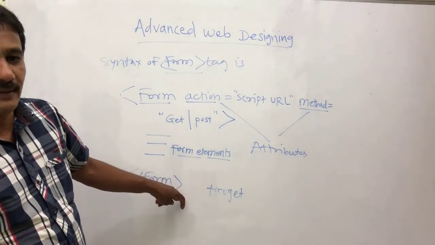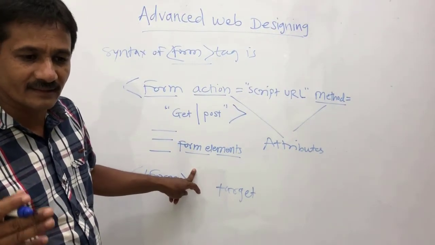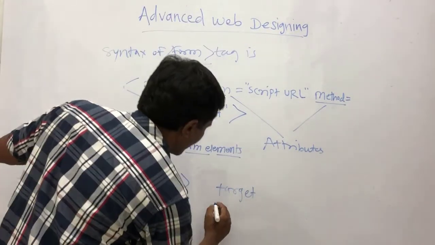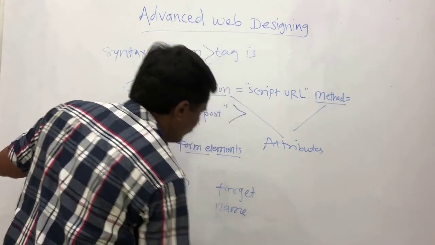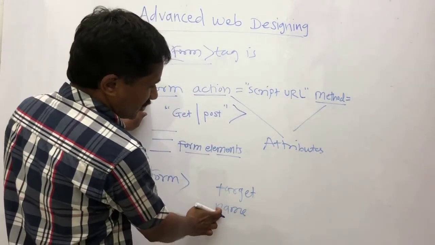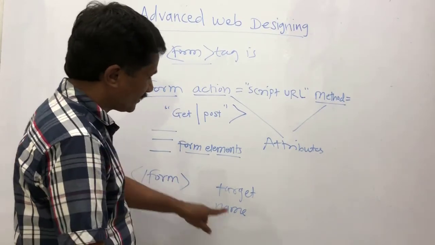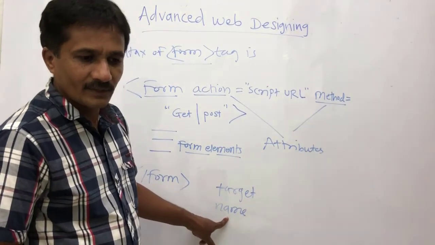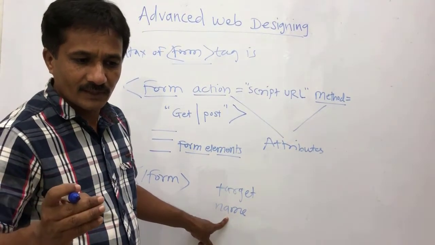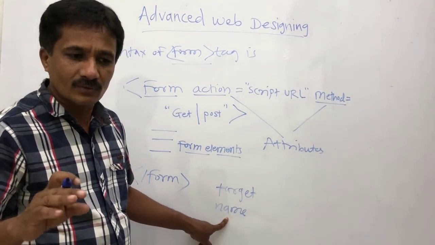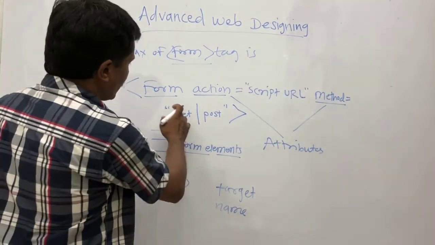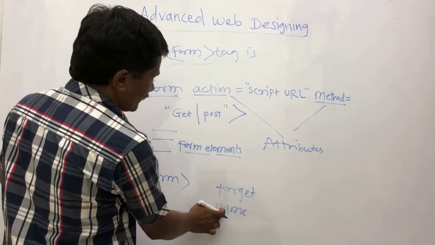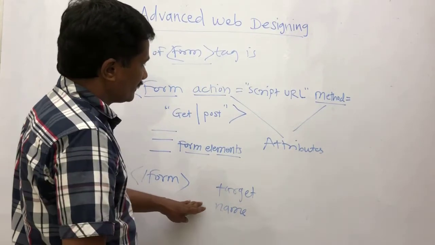Then next is name. The name attribute is used to assign the name of the form. Another attribute of the form tag is name. Using this name attribute, you can specify the name of the form.